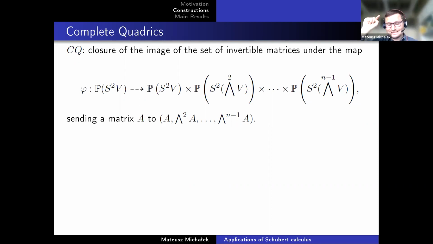The image of this map is not closed, so you have to take the closure of the image. The question is, what are those points that you don't get in the image but get in the closure? They correspond to low rank matrices, but over every single low rank matrix you get a lot of things, not just one thing, because this closure is big. And this is the divisor S_j.